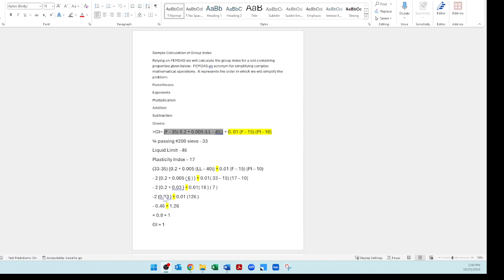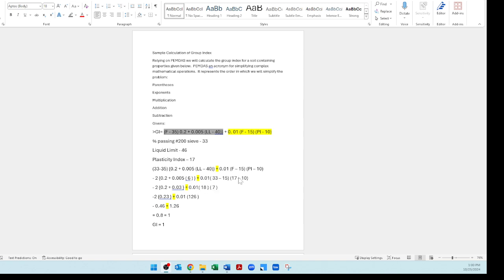So we have a multiplication issue here still. We've got brackets which work the same as parentheses, so we got to get rid of them. And it's minus 2 times 0.23, which is going to give us a minus 0.46.